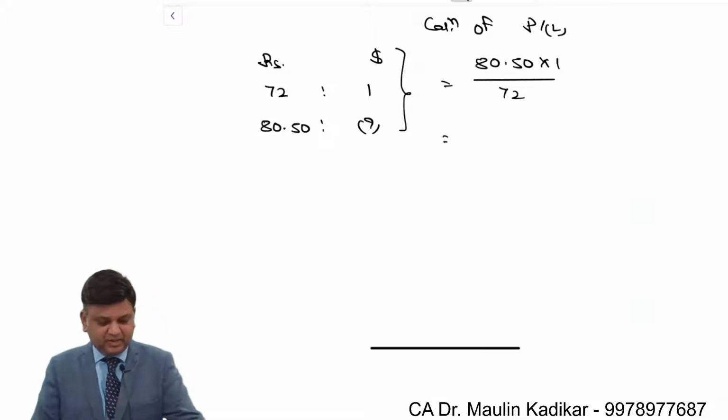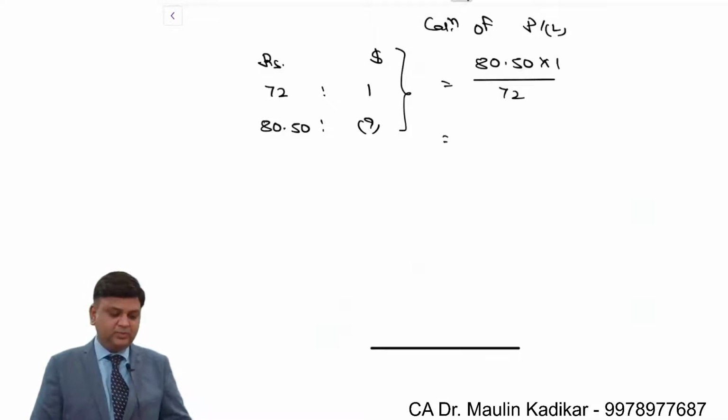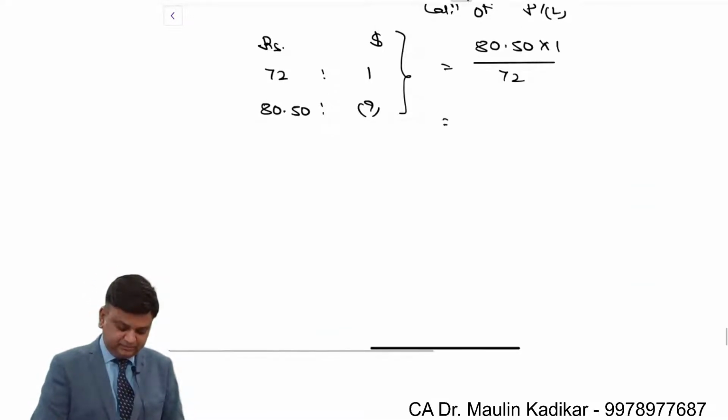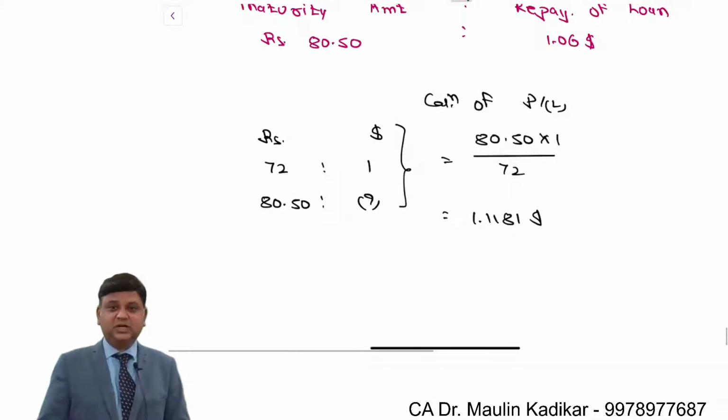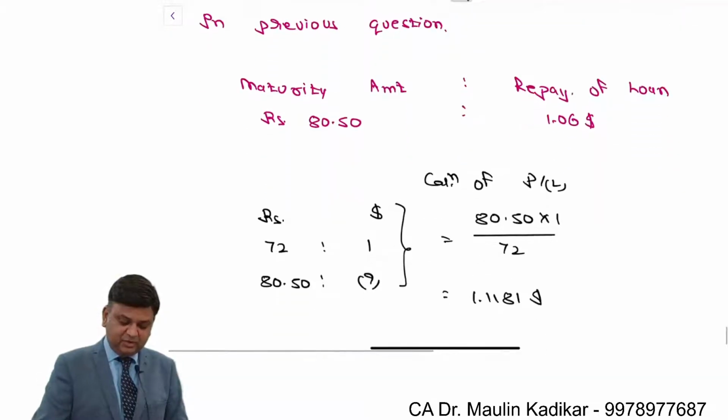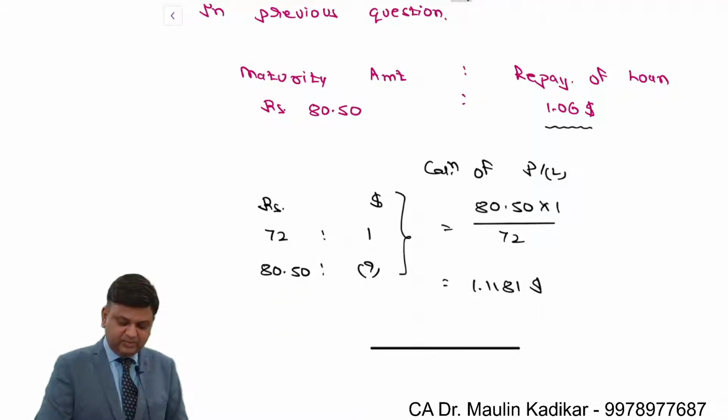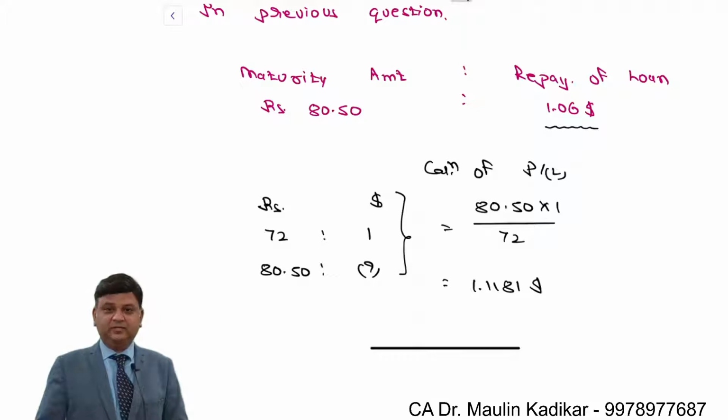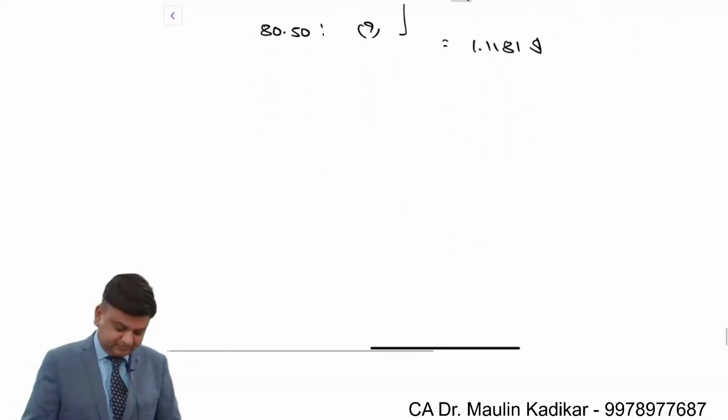So 80.5 divided by 72, 1.1181. So this is the amount of the dollar that you will get. And then you will make repayment of loan, that is $1.06. And with that, there will be arbitrage.